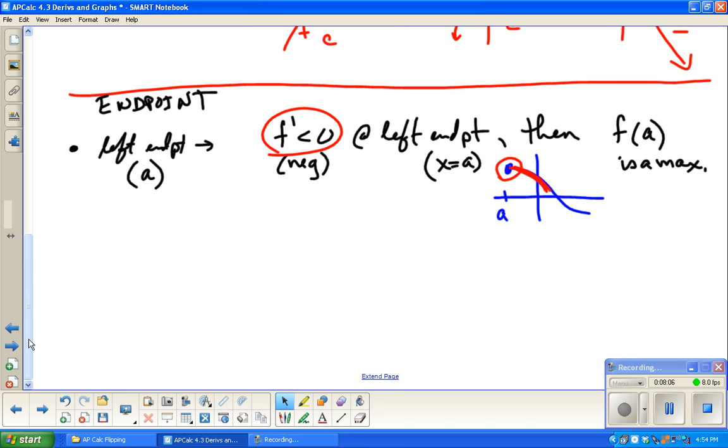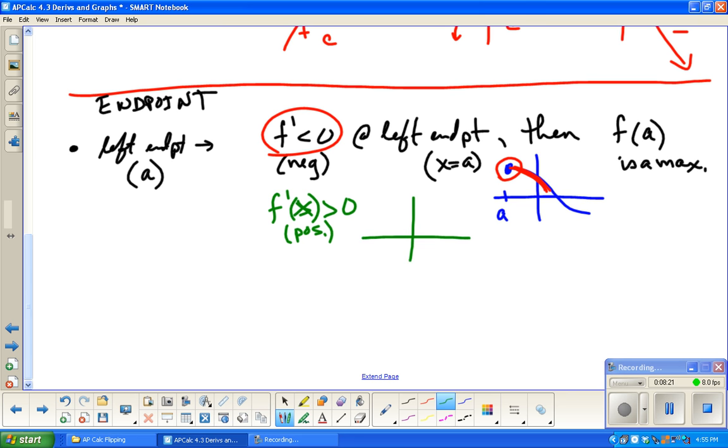Now the inverse of this is also true. If f prime of x is greater than 0, in other words positive, at a left endpoint, then f of A is a minimum.